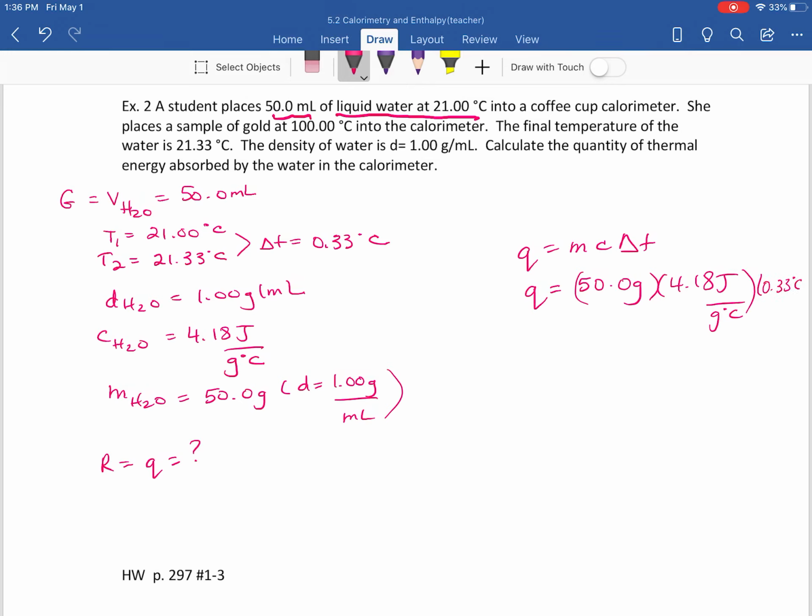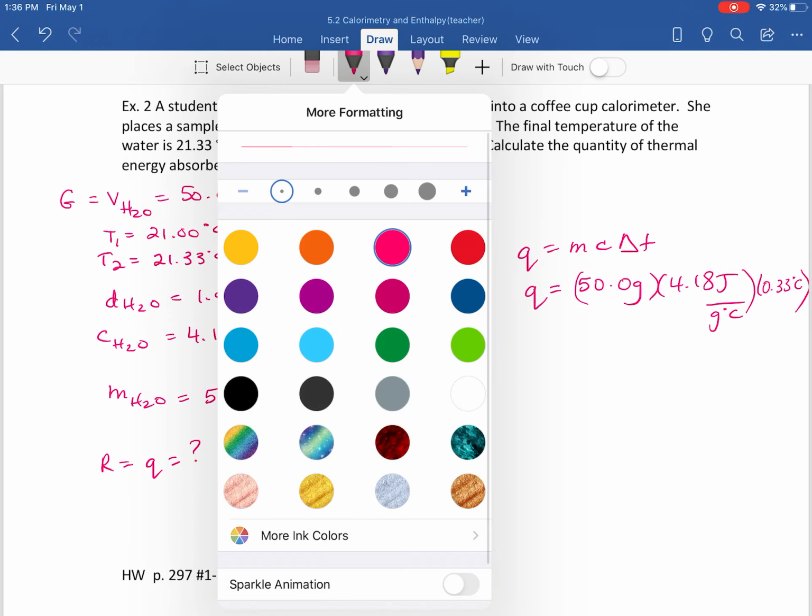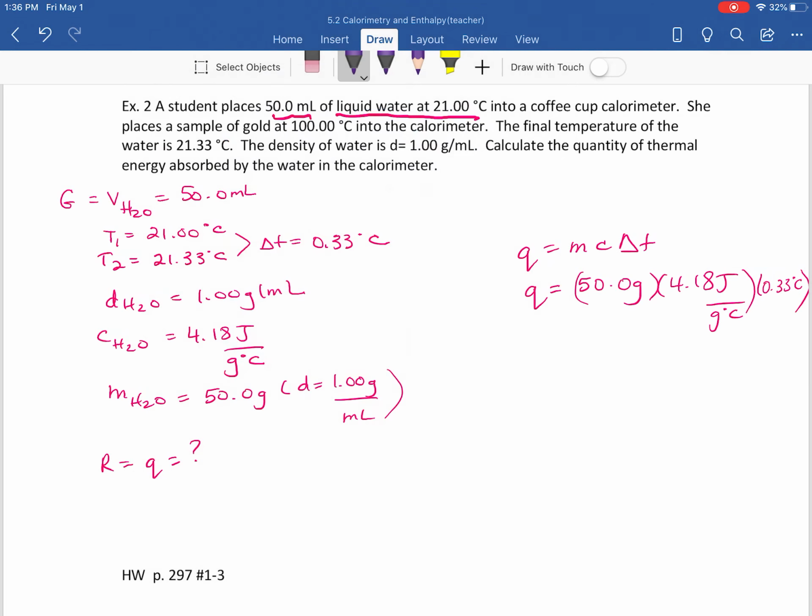I wonder if I wrote too big. Oh, got it in, yay. All right, go to a different color. All right, so grams and Celsius cancel. We're in joules when we actually do our math. Let me do it so I can do it. One moment.